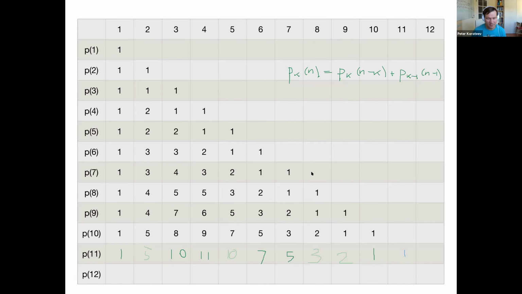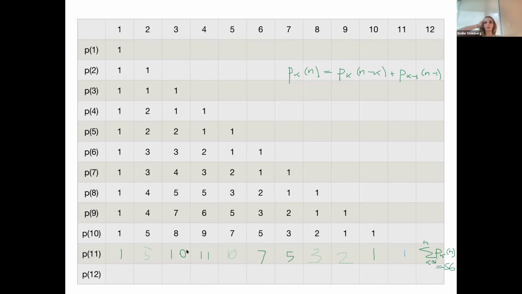Okay, so we got some number. Let's sum them up. What's the total sum? So this is pk of n for 11. Can we calculate the sum of pk of n over all k from 1 to n? Sum of all these numbers. How much is this? 56. Did you just count it that fast, or did you look at the table?